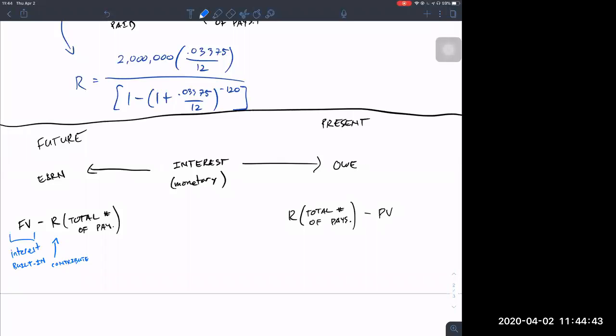Whereas in present, the interest is built into the payment. Why is that? Well, when you were loaned or lent this amount, if I lent you each $1 million, am I going to give you any more than $1 million? No, the contract says $1 million.